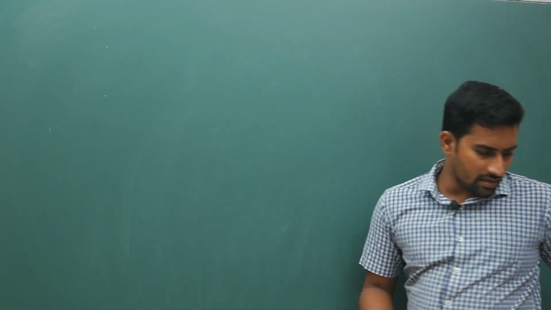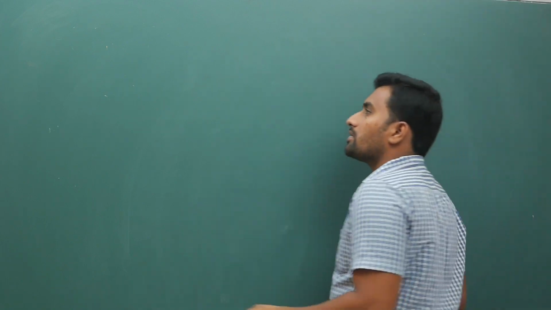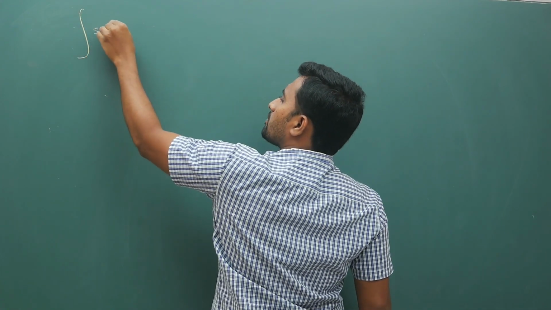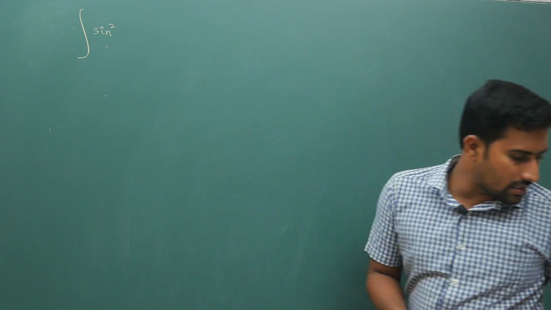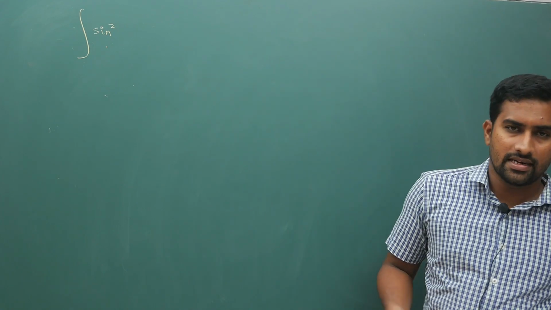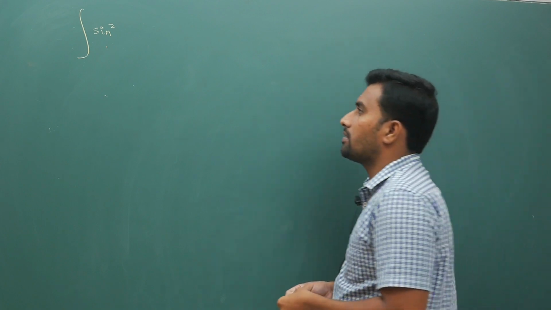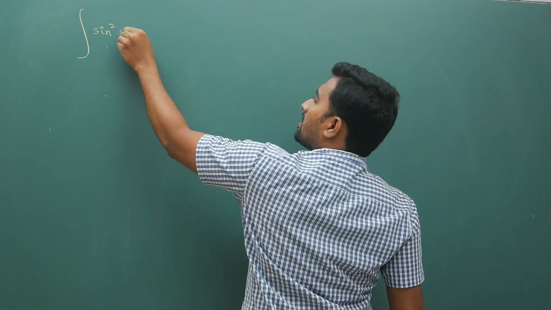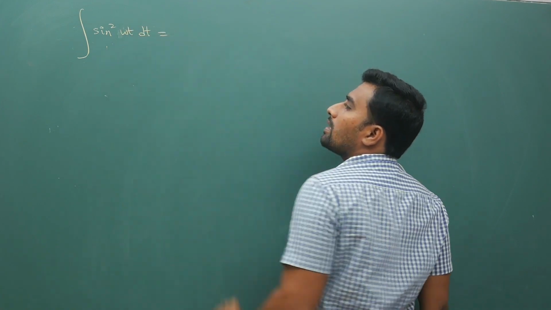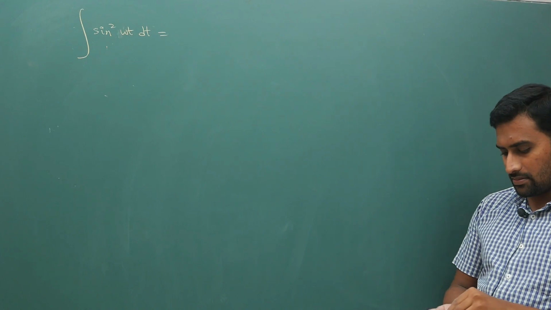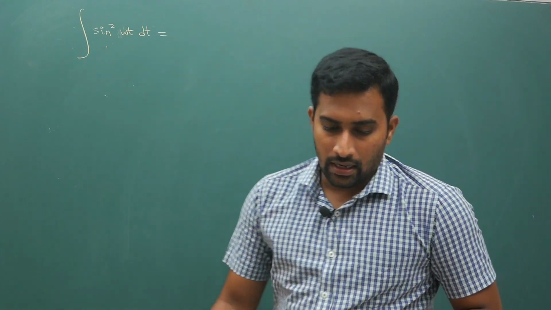So your RMS value is the integral of sine square. First, let us calculate the maths part of it. If you are asked the integral of sine square omega t dt, what are you supposed to do? First let us look at this part, then I will define the RMS value.